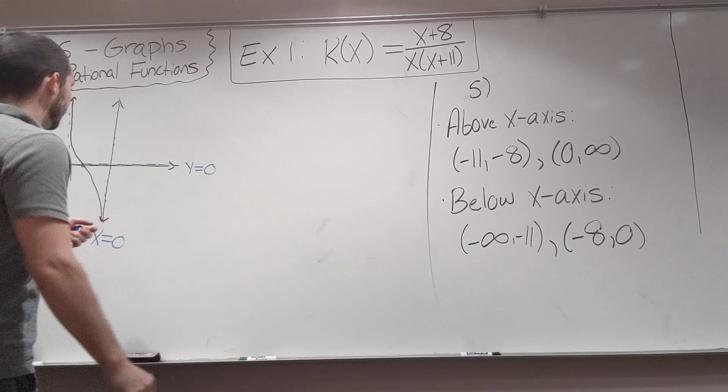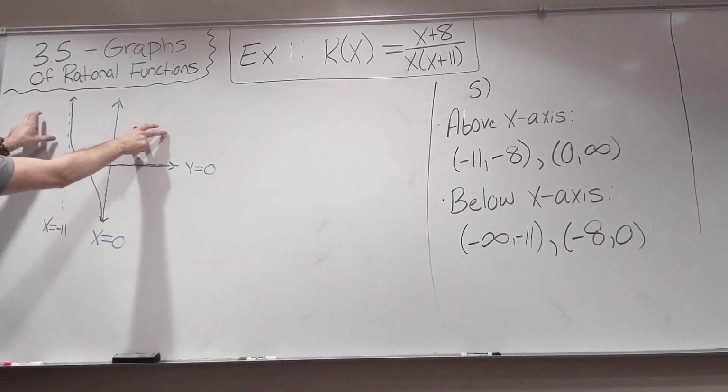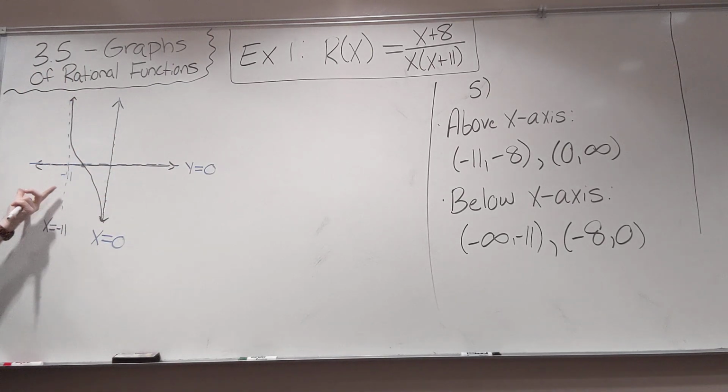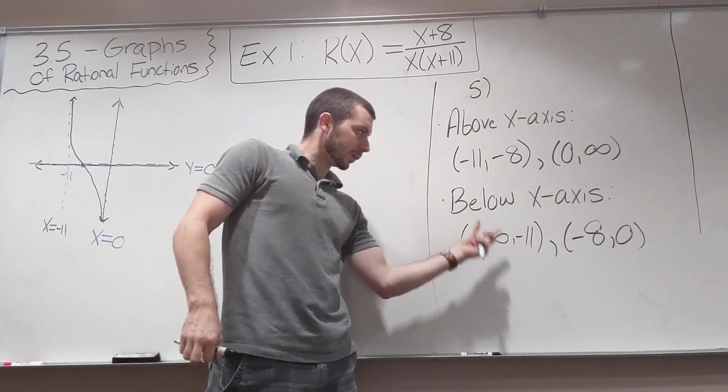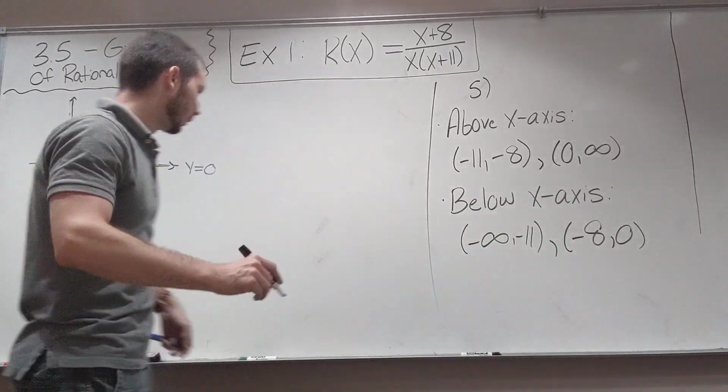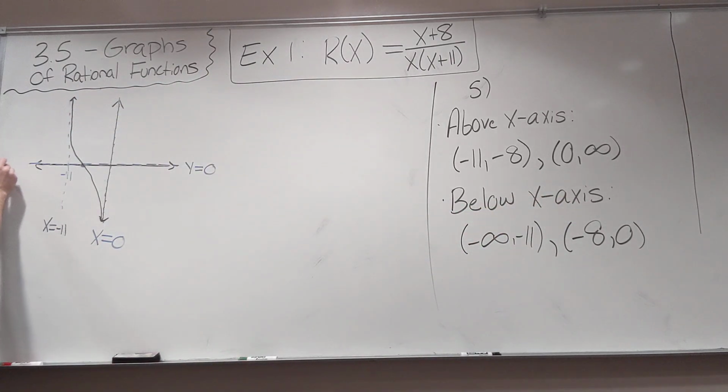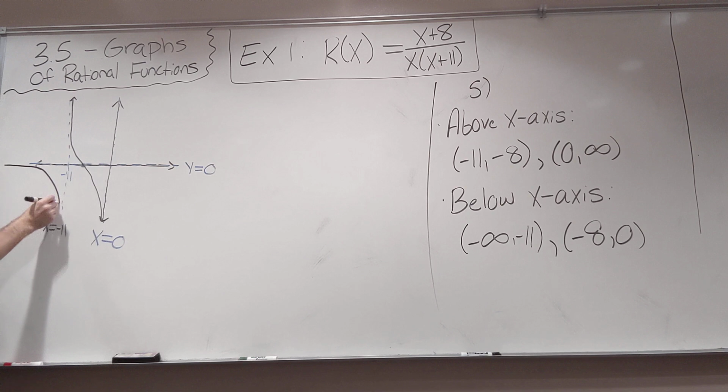We also have two more segments. Let's start with the leftmost. And this is -infinity to -11, which we see over here, we found it's below the x-axis. So this whole segment here needs to be below the x-axis. So just like this.